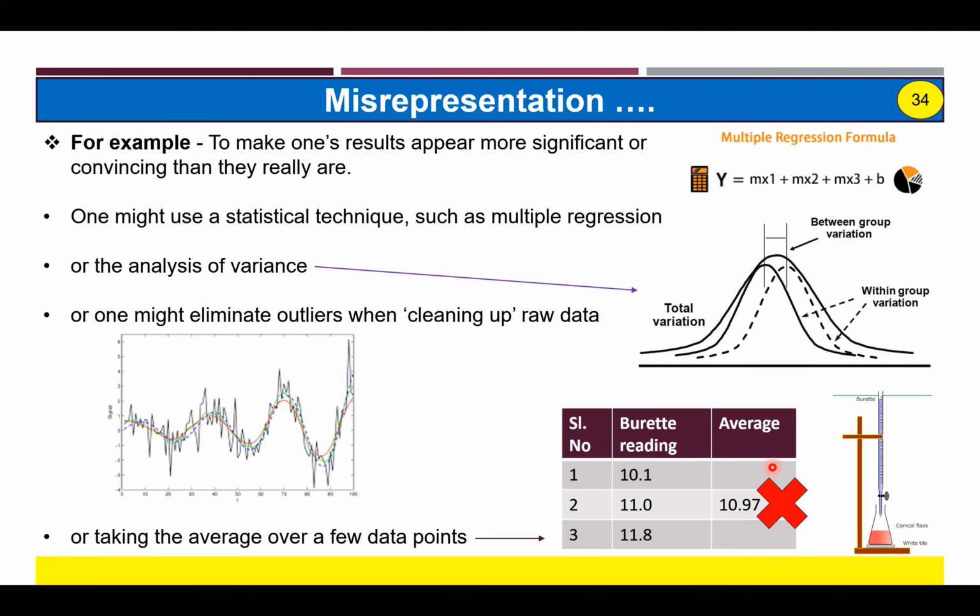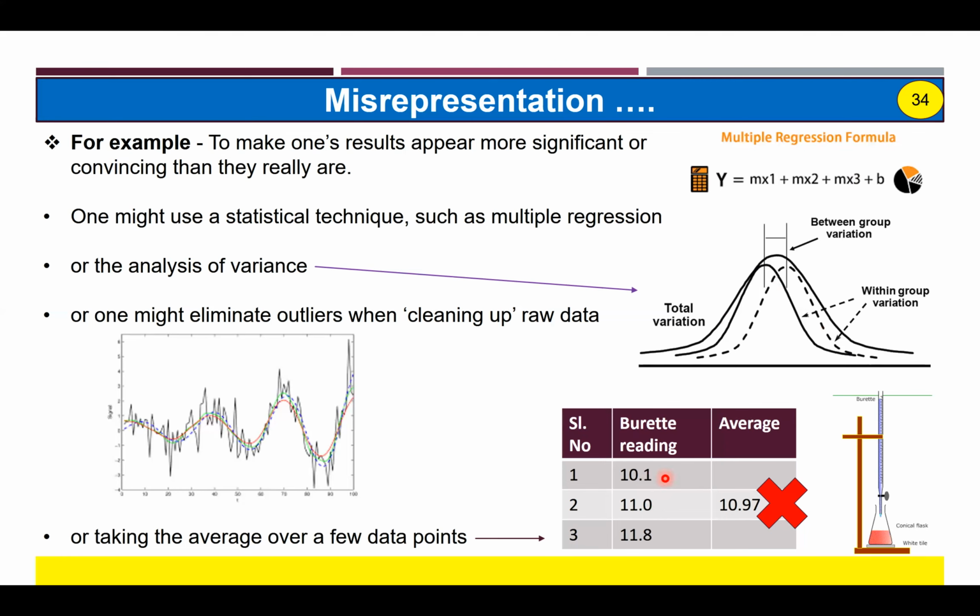I'm a chemist and I always try to tell the students, you should not take the average of the burette readings, right? For the burette readings, here in the figure I have 10.1, 11, then 11.8. If the change between two data points is 0.1, then I accept it. Most of the time I tell them you should get concordant data. That means similar data, 10.1 should be repeated another time.